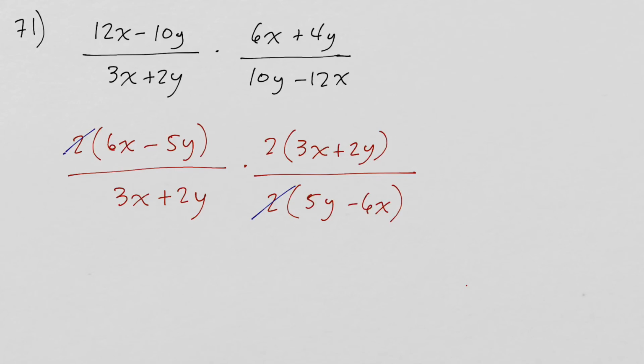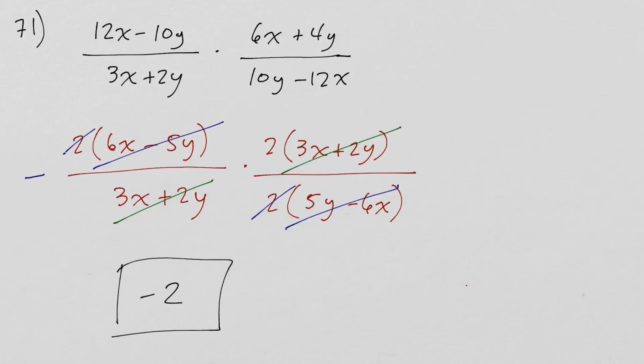I can cancel an entire 3x plus 2y. That cancels. And finally, I can cancel 5y minus 6x with 6x minus 5y as long as I introduce a negative sign. So my final answer is going to be just negative 2. And I'm done.